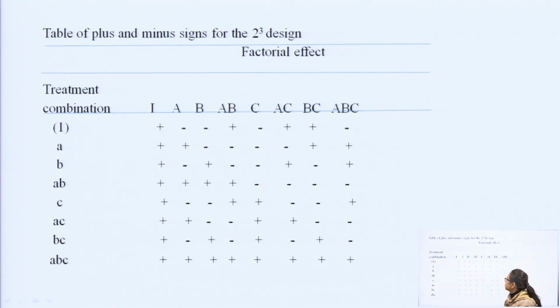Again there is a table with columns A, B, C, AB, AC, BC and ABC, with plus and minus signs for each treatment combination, which you can calculate easily.